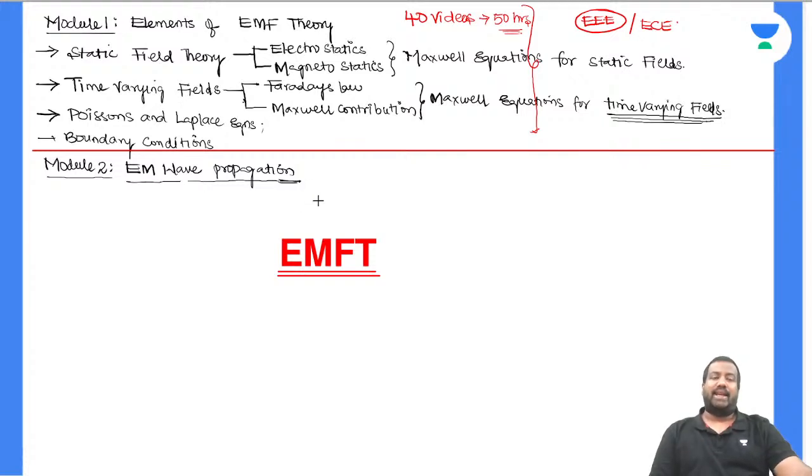From there we can analyze how this wave propagates in different mediums, and we can calculate the power associated with the wave. That is today's major topic, that is Poynting theorem. We can also calculate the polarization, and the reflection coefficient and the transmission coefficient when the wave is incident on a given medium. We can also understand important concepts like critical angle, total internal reflection, and Brewster angle.